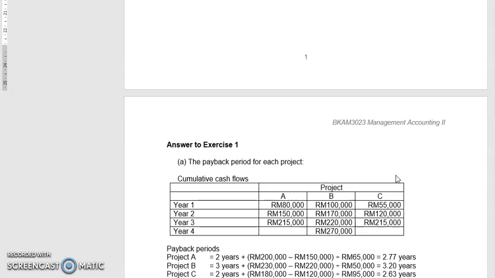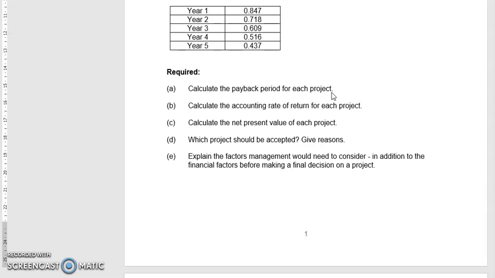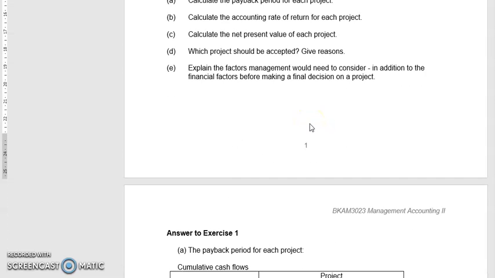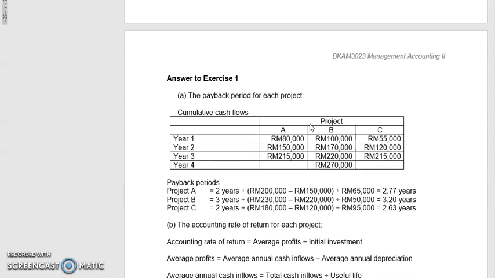Okay, for the payback period, for project A, B, and C, for year 1, all the information is given in the questions. Just put it in, from year 1 until year 4, and then the payback period for project A equals 2.77 years.